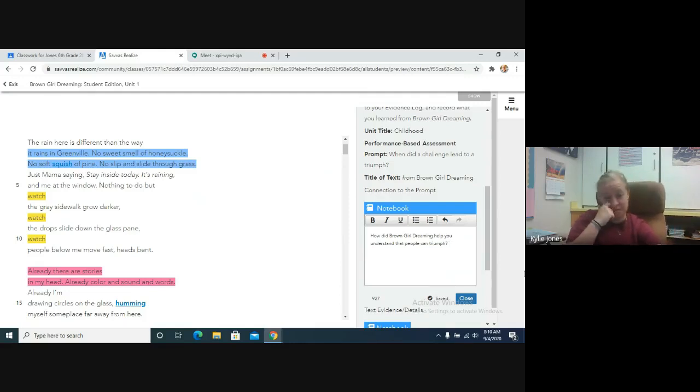And 1 to 2 sentences. How did these poems help you understand that you can triumph in childhood? Give you about 1 more minute.